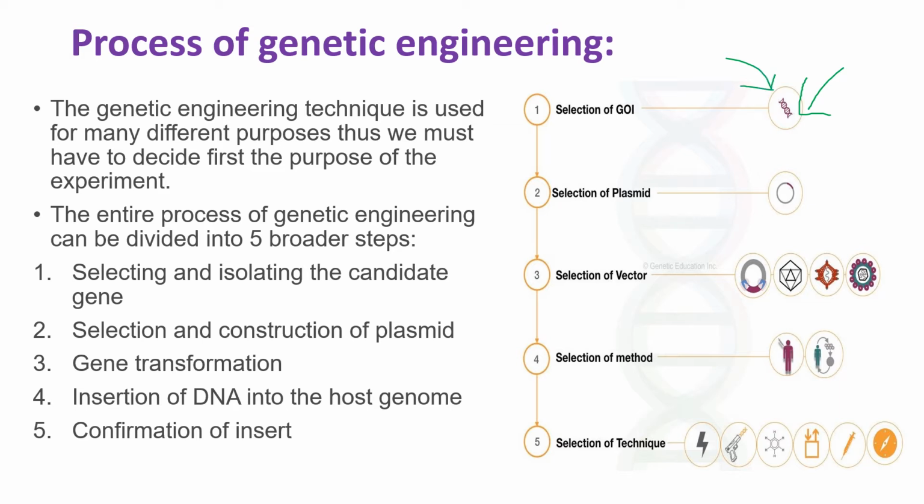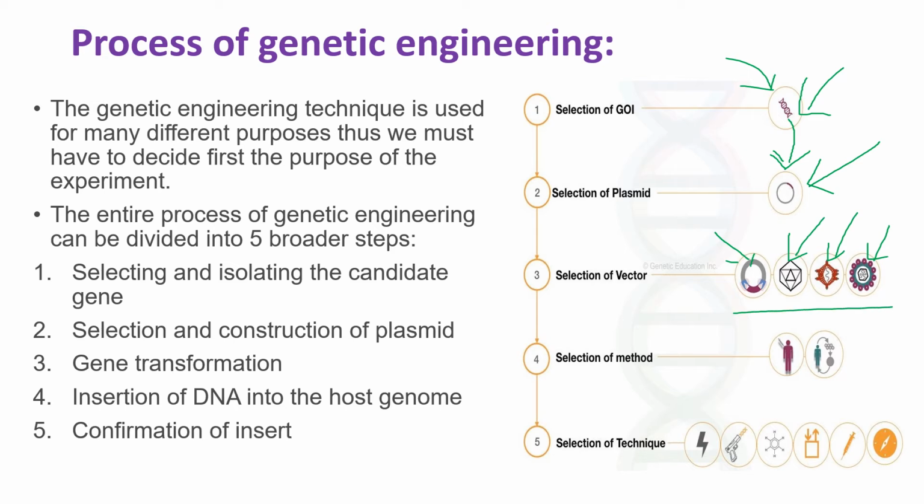Then second is selection and construction of plasmid. Then second thing, we have to place this gene of interest into a vector molecule. Generally used vector is plasmid. Apart from plasmid, we can also go for selecting various vectors like bacterial plasmids, then viral DNA or RNA, viroids, prions, or certain yeast artificial vectors can also be used as a vector.